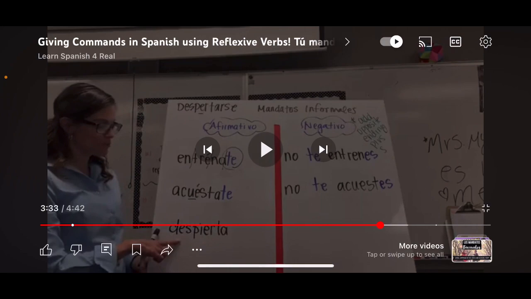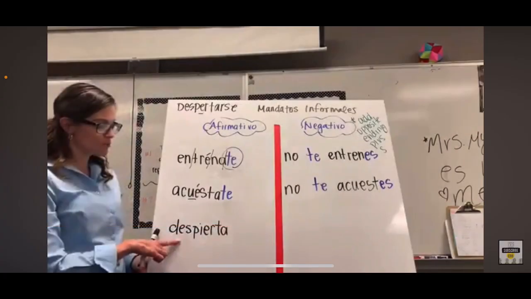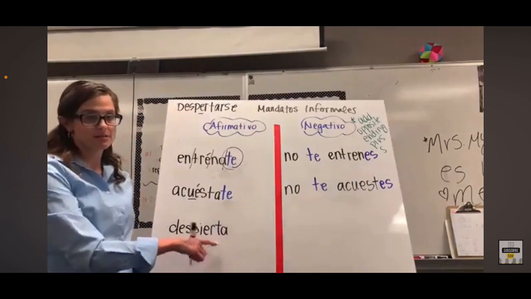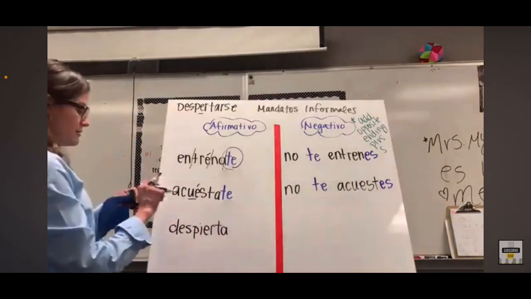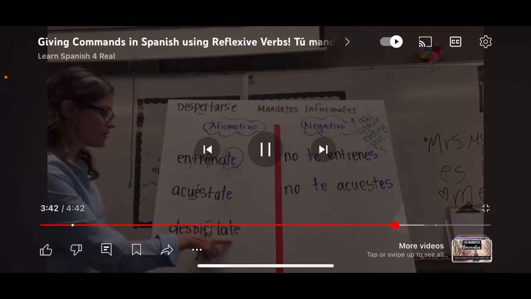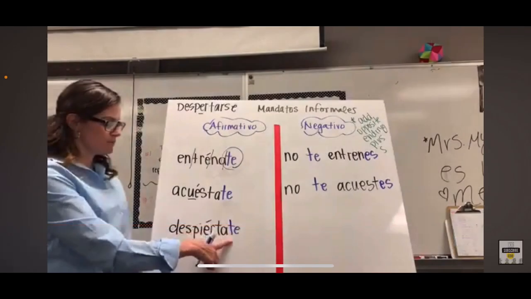Remember, change the one that's closest to the ending. If I'm going to say wake yourself up, I have to say despierta te. And if I say despiértate, I want you to wake yourself up. Now let's see it in the reflexive. Despiértate. That's the reflexive. Now where do you put the accent?